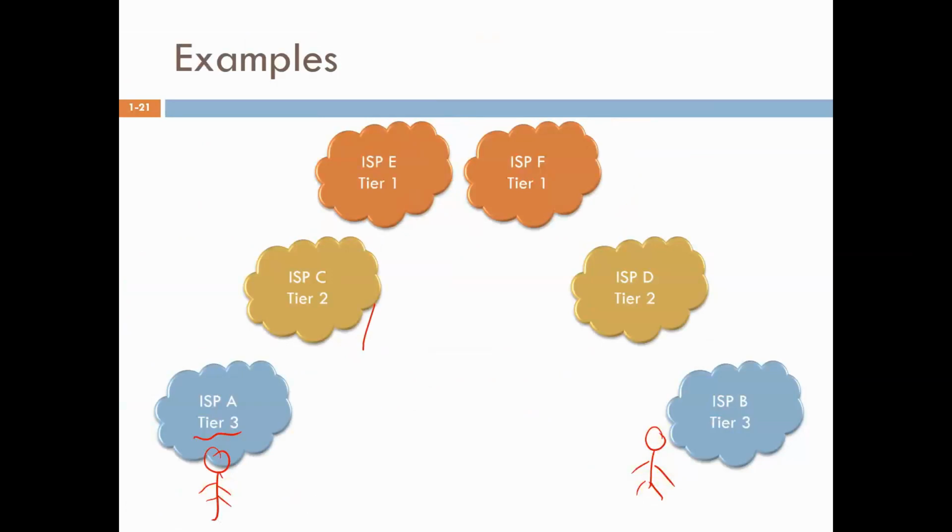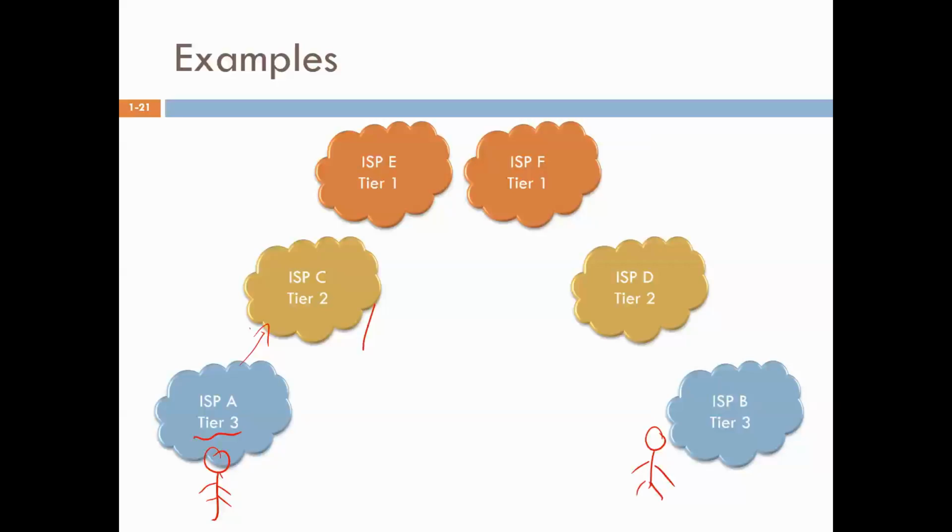ISP A will make an announcement, or would have made an announcement, of the networks connected to ISP A to ISP C. Now, if this announcement goes through, then the packets going to ISP A will actually be sent by ISP C.